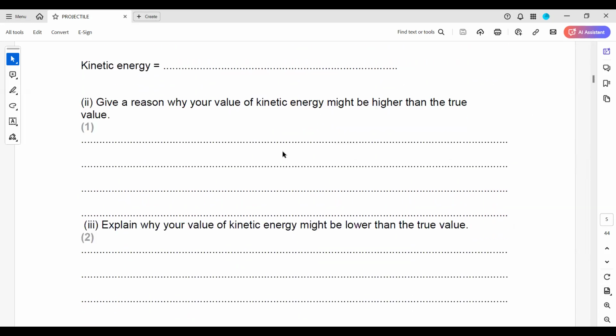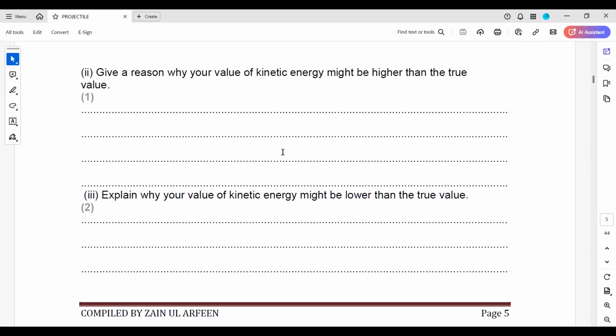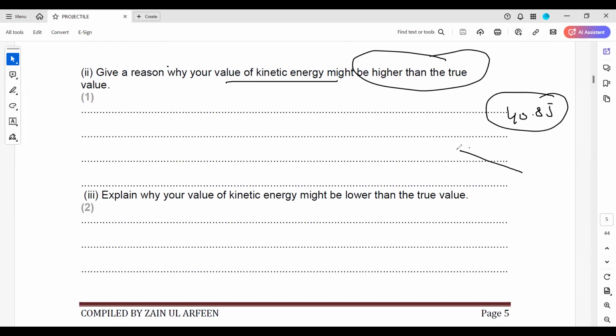The next is, give a reason why your value of the kinetic energy might be higher than the true value. We calculated the kinetic energy to be 40.8 joules, but in reality the true value might be less than what we calculated.